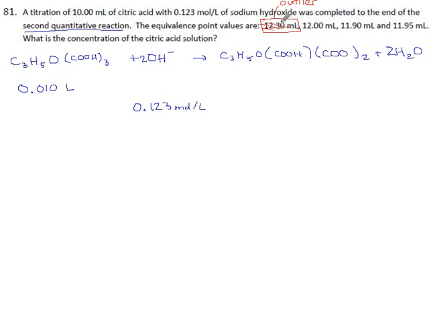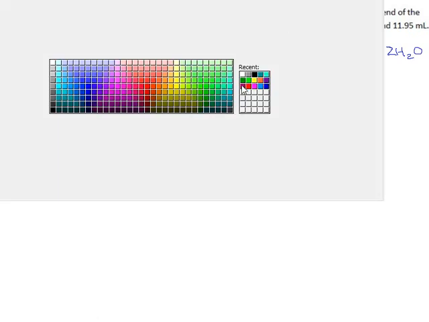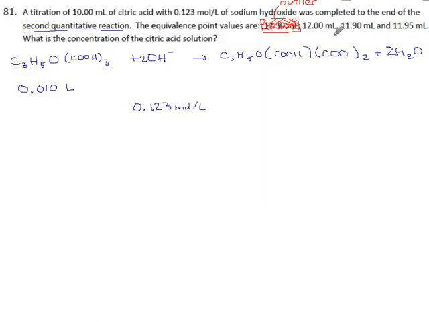If you see a value that is way different from the others, discard it, just assume it was a mistake, and average the other 3. If you average the other 3, you get a volume of 11.95 milliliters. And that is what we're going to use for our V here. I'm going to put AVG for average equals 11.95 milliliters.